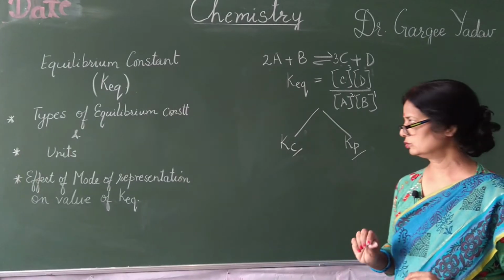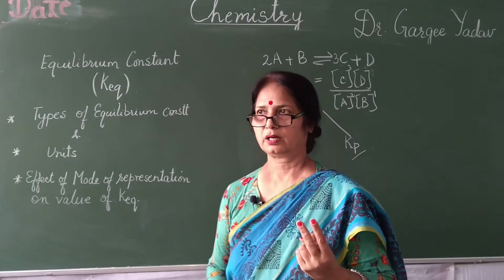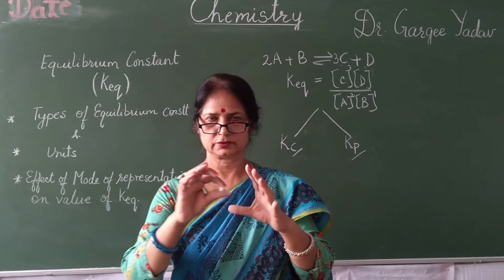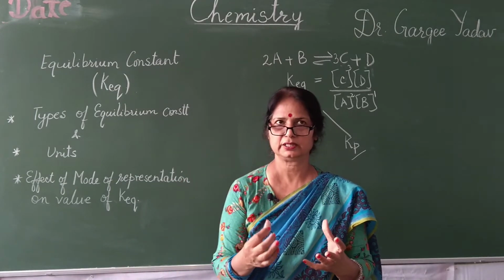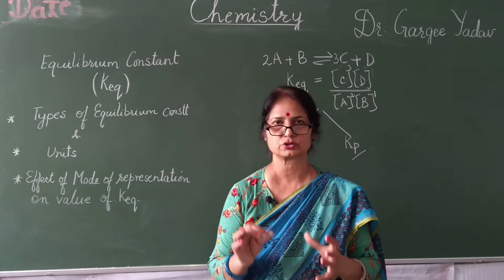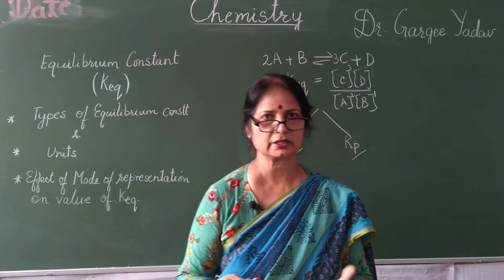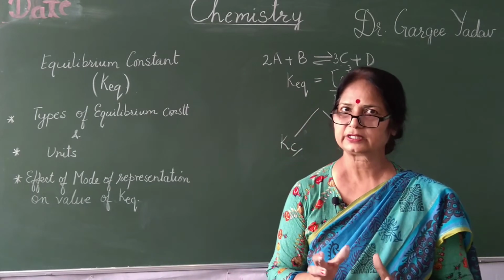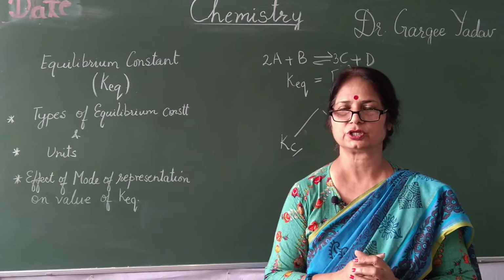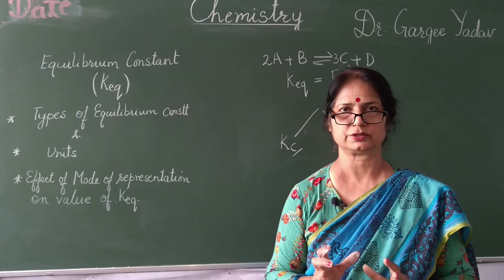Now I will tell you two main things. Suppose we are taking a reaction in which any of the reactants or the products is a solid. When we are calculating the Kc, we take the active mass, the active concentration of the solids, as unity.